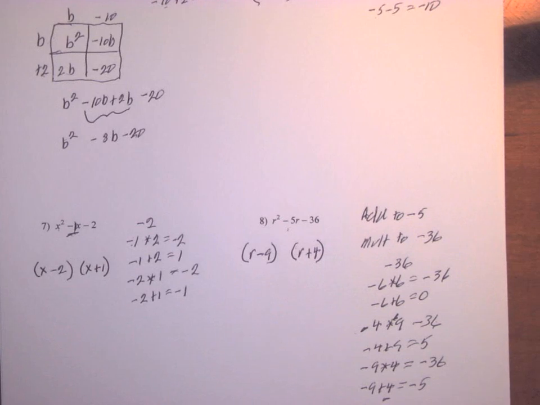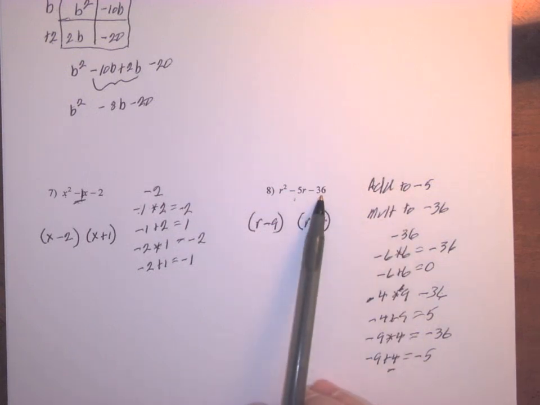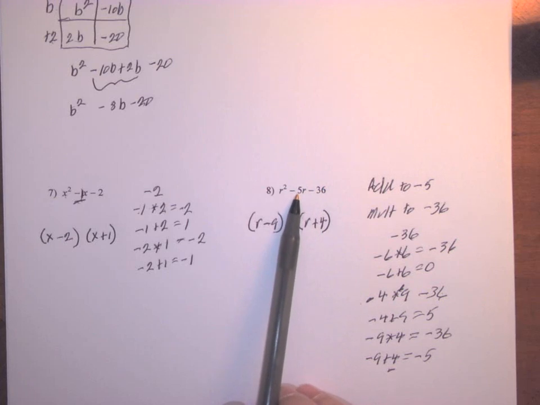Okay, I'm going to assign for you guys problems 1 through 4, but they're all solved the same. You've got to factor the last term such that the factors that multiply to the last term will add to the middle coefficient. Okay?